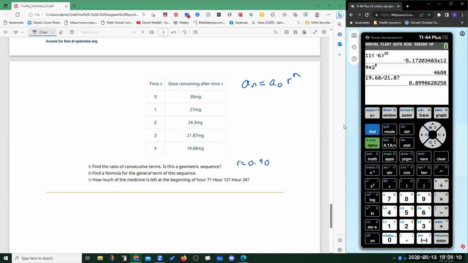Now, find a formula for the general term here. So we just started there, but A_N is going to be 30 times 0.90 to the, and I'm going to call this not N, but T, where T is the number of hours that have passed.